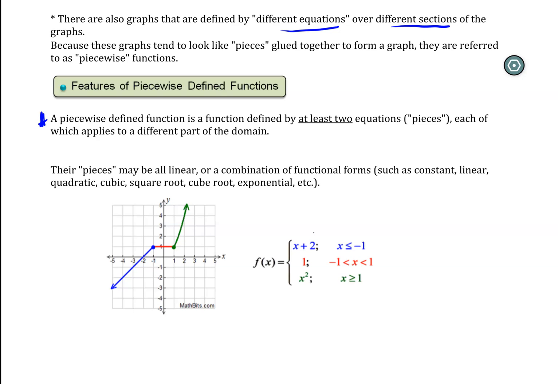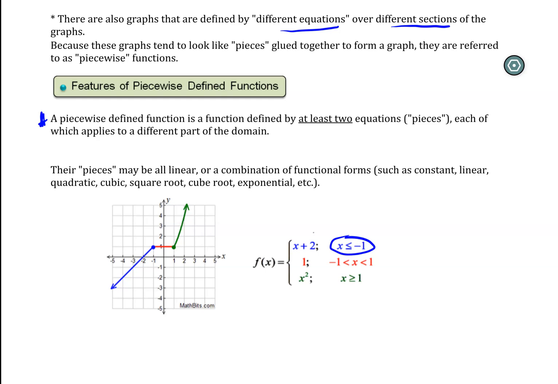But it's not. It's only a portion of it. So it's been restricted. That's what this part here is. This part here is your restriction. It's saying graph this part of this function only when x is less than or equal to -1.